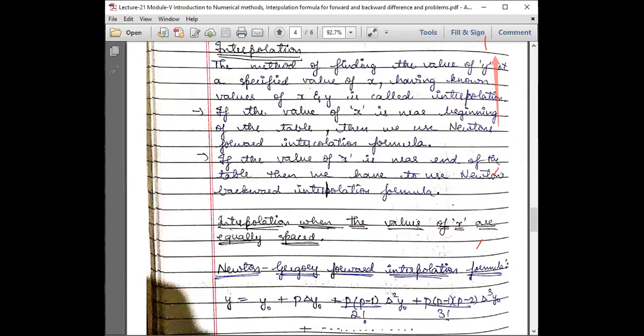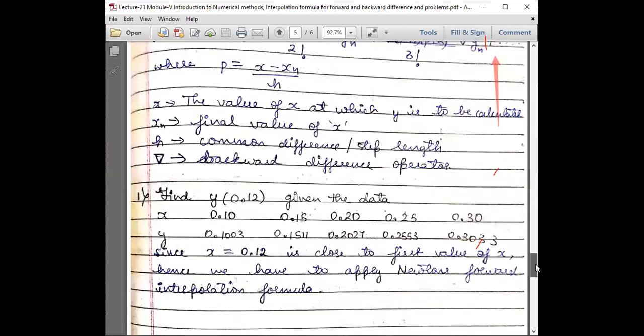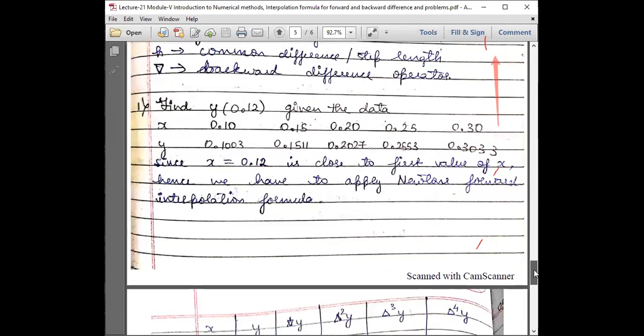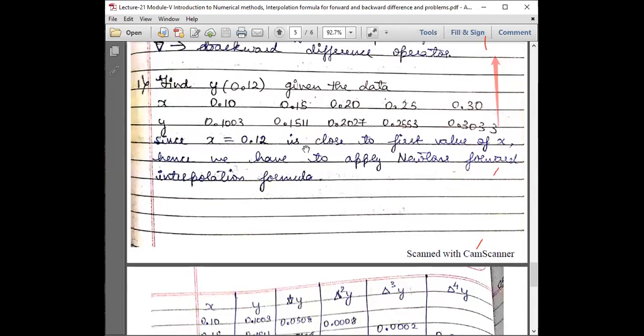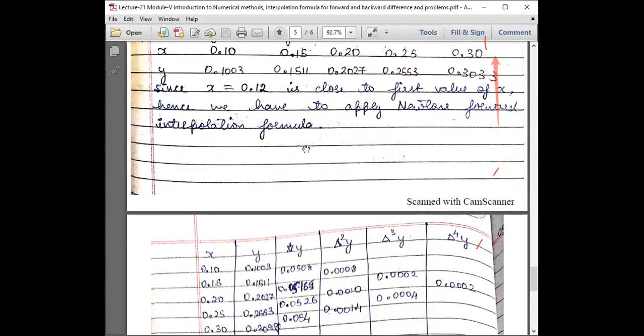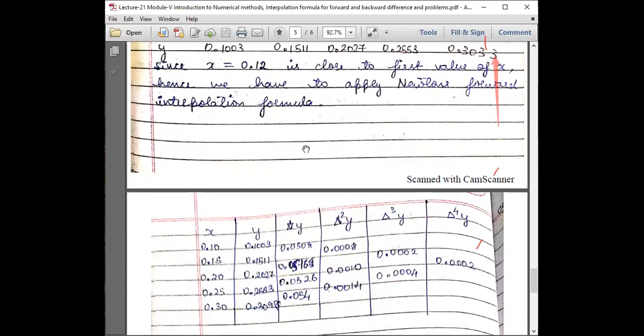So from this we conclude that in this given problem, we have to find y of 0.12 by using Newton's forward interpolation formula. Are you clear?